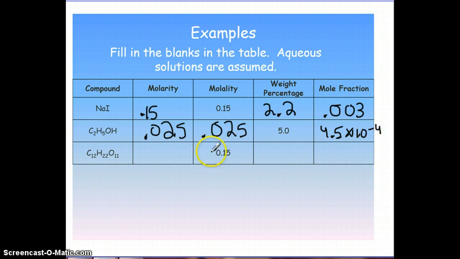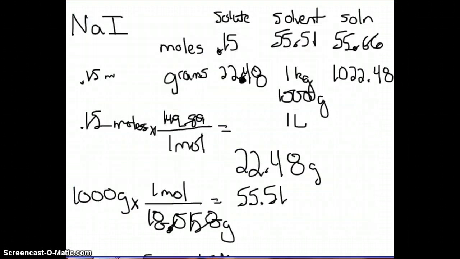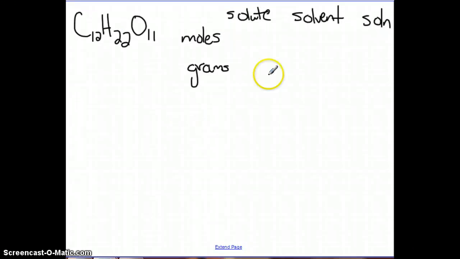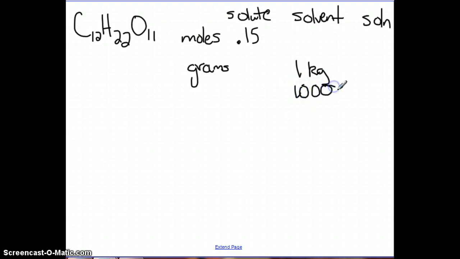And lastly, we have our C12H22O11 with a molality of 0.15. So molality is going to be moles of solute over kilograms of solvent. So again, we're going to have 1 kilogram, which is 1,000 grams, which is 1 liter. Now we're going to figure out our grams of solute.